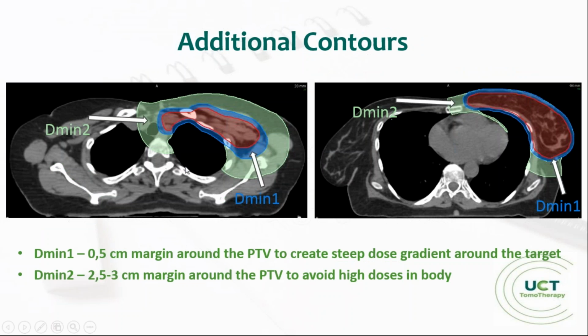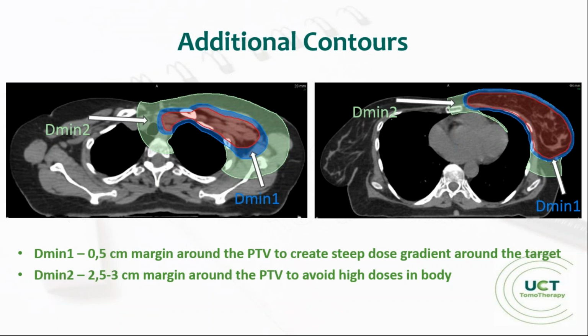Contouring in the tomotherapy planning system is very poor, but we have MIM software for contouring, and there I created additional structures and contours that I use. DMIN1 and DMIN2: what are these contours?